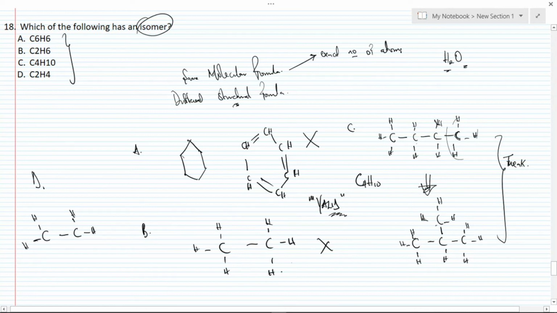The remaining two bonds, so we have a double bond here, and at most we can only swap around the hydrogen, and that's not really causing a change in the structural formula. So among all these options, option C seems to satisfy. We're able to play around with option C, so that makes C our answer.